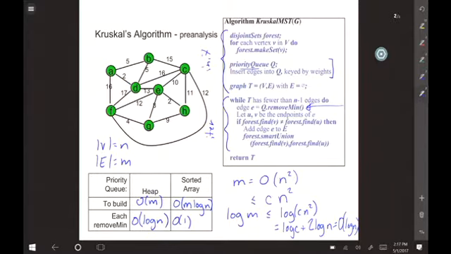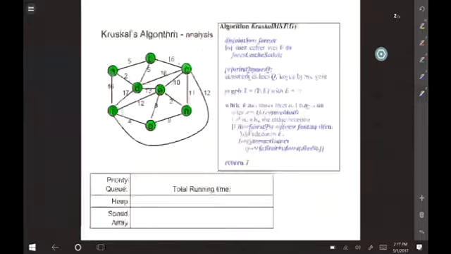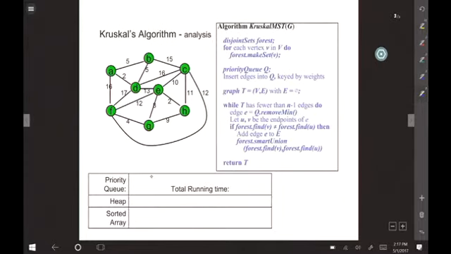Okay, so these are the salient points from this kind of pre-analysis. Now we're going to look at the analysis as a whole. As I said before, we've got the initialization plus the iterative portion, okay? And that's what we're going to do here.